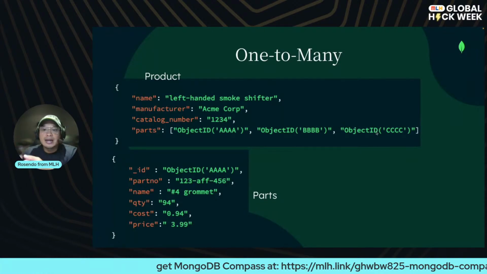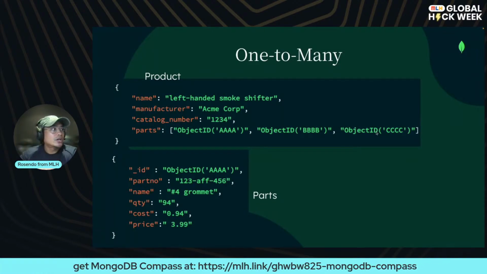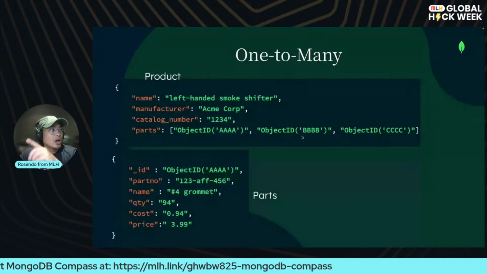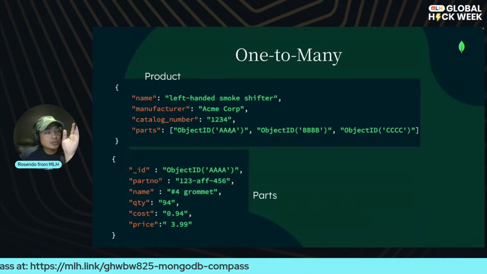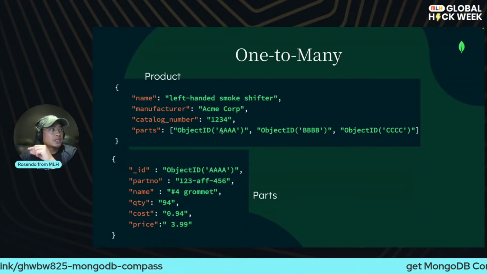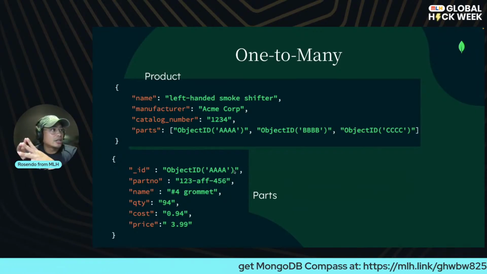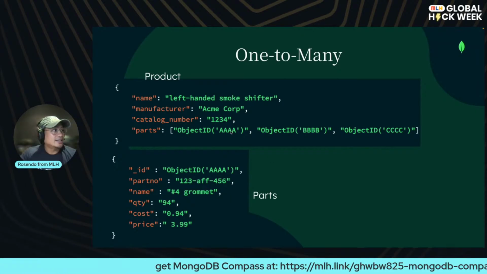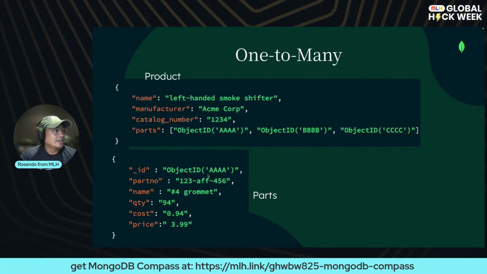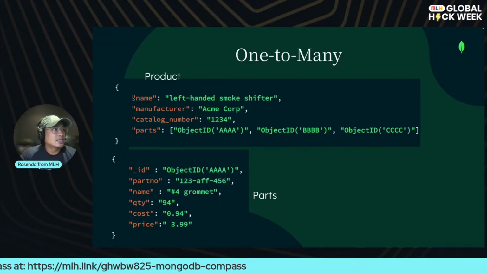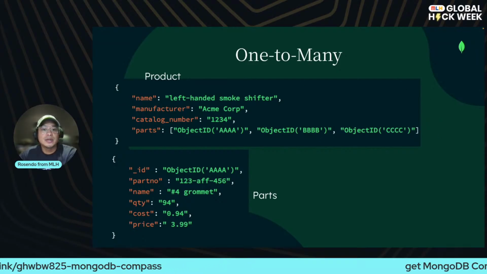And then the details can follow thereafter, but you don't necessarily need to store all of the different data that is related to each of those specific parts within the product document. And here you can see the product object ID AAA. It's not making this original product document super bloated.